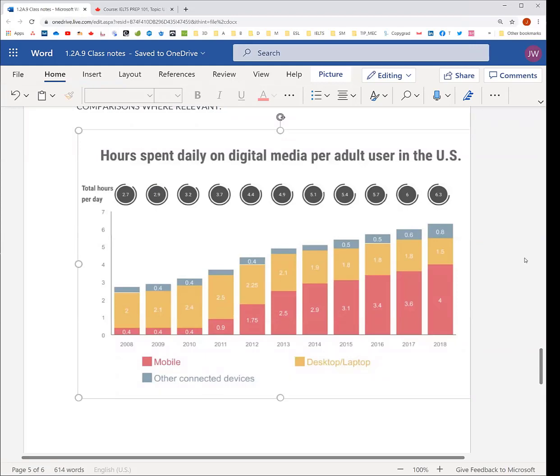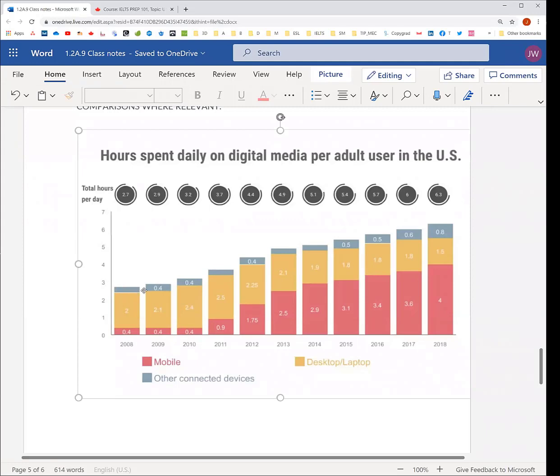It's almost the same from 0.4. No, I think it starts to decrease, because the first one is 1.2 and then 0.4, 0.4, 0.5, and at the end it's 0.8.